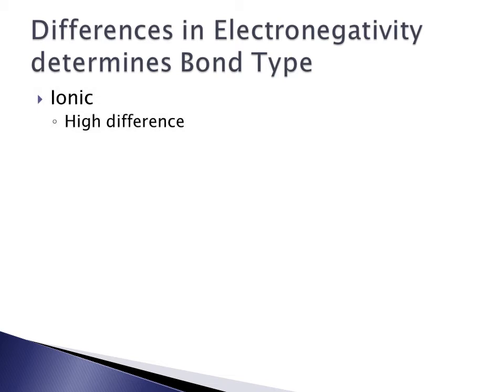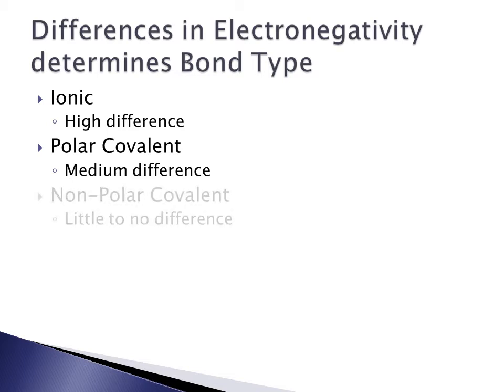So if differences in electronegativity determine the polarity of a bond, they also help us determine bond type. If there is a very high difference in electronegativity values, we'll have an ionic bond. Metals versus nonmetals have a very different electronegativity value, resulting in that ionic bond.